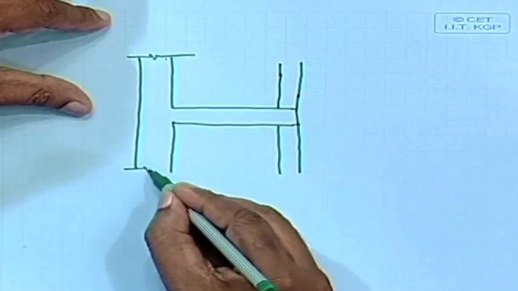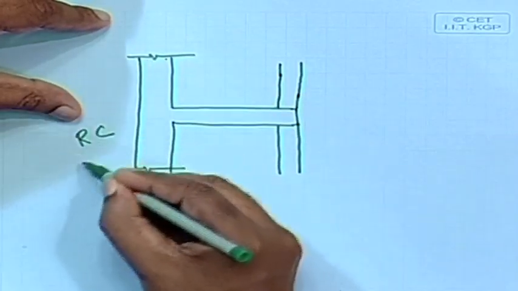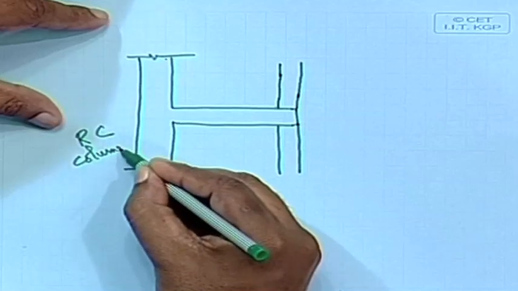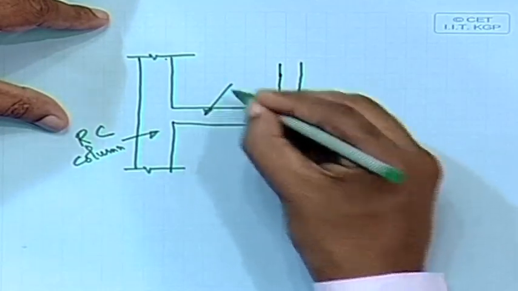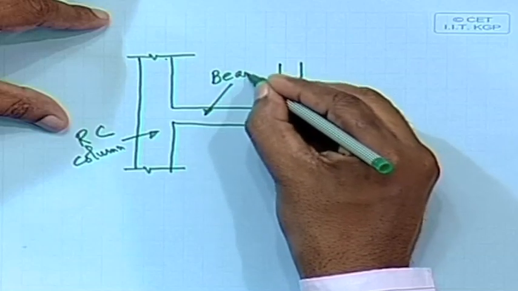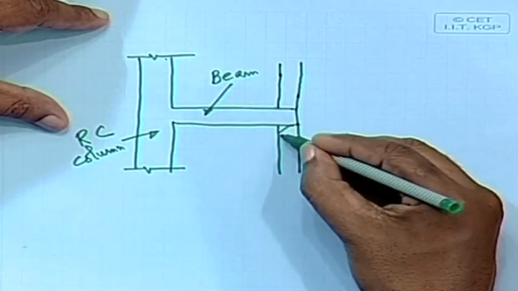So, this is your say RC column, this one beam and this one brick wall.